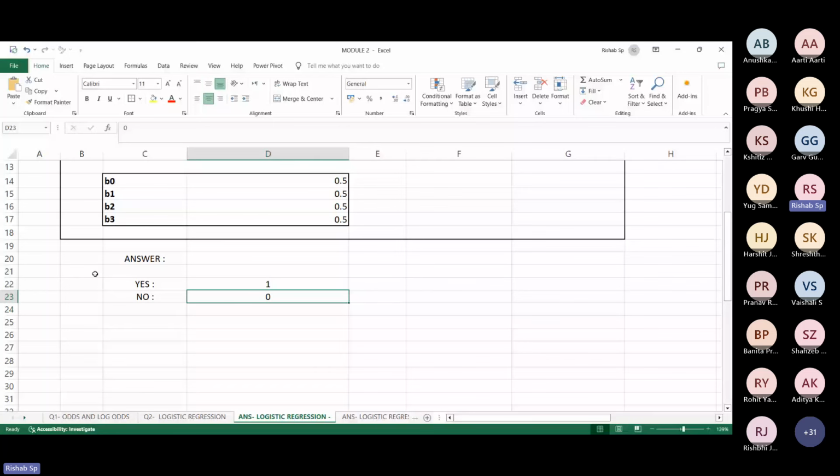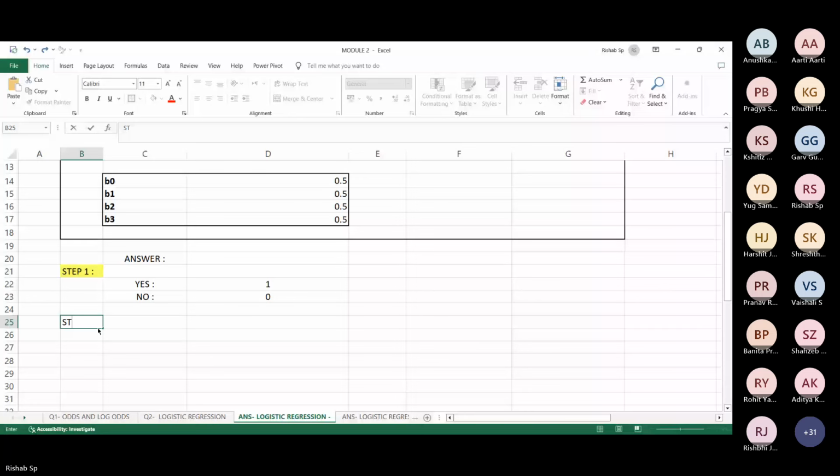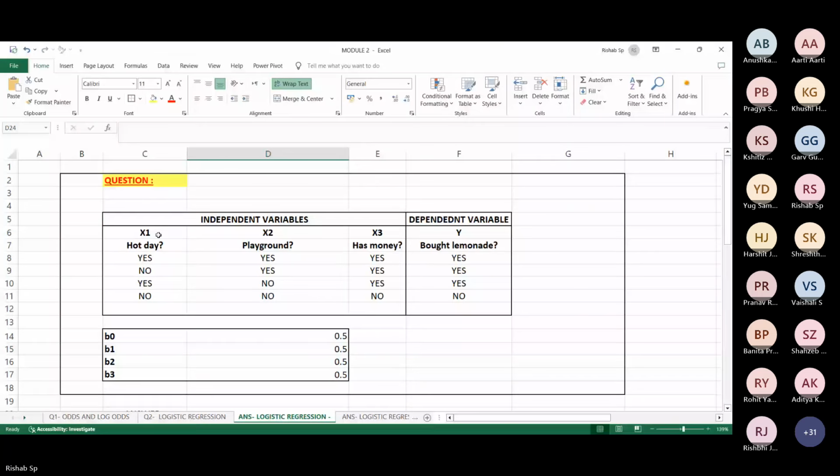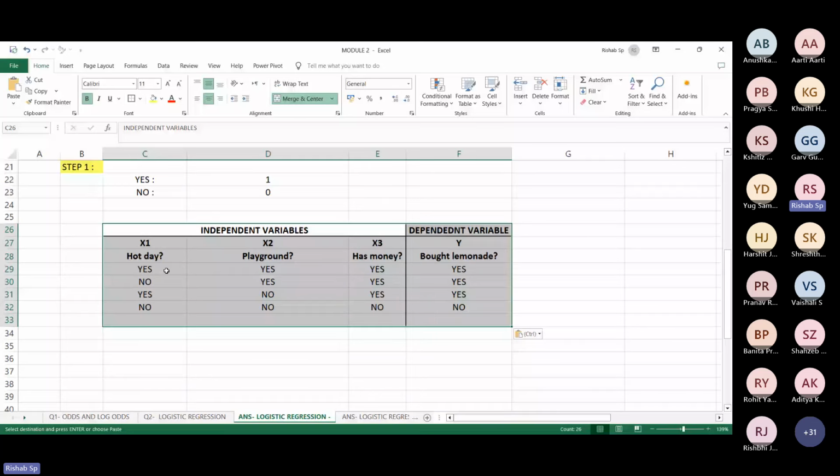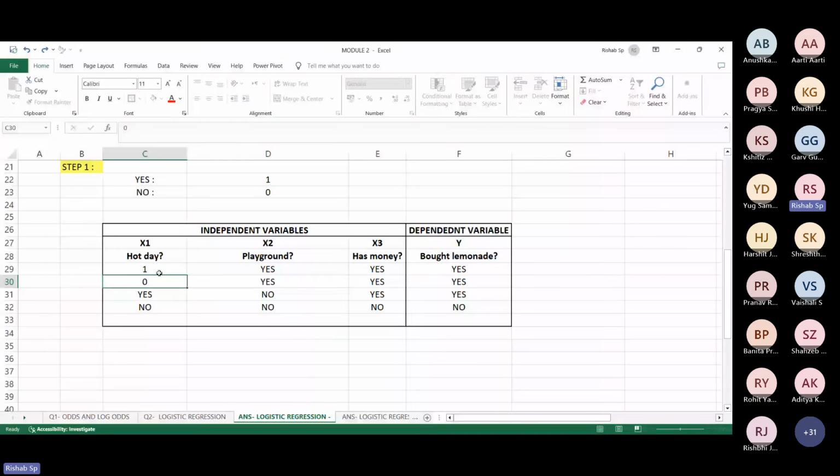So if you guys get this kind of equation, step 1, I make it into a numerical form. Next, I'll copy this. I need to convert this into this form, right? For yes, it's 1, 0, 1, 0, 1, 1.